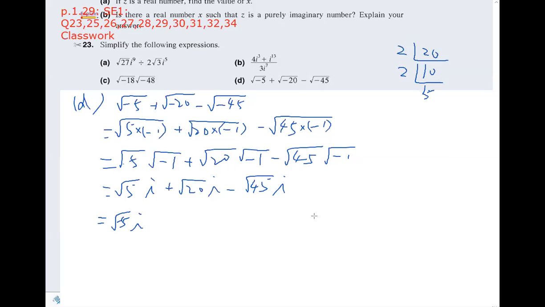Okay, so we may stop here, and 20 is equal to 2 times 2 times 5, or just 2 squared times 5. Okay, 2 squared times 5, which means that the square root of 20 is equal to the square root of 2 squared times 5. Okay, and you know that if there is a pair of factors inside the square root, it can escape from the square root.